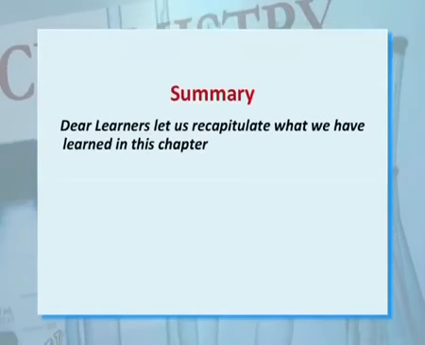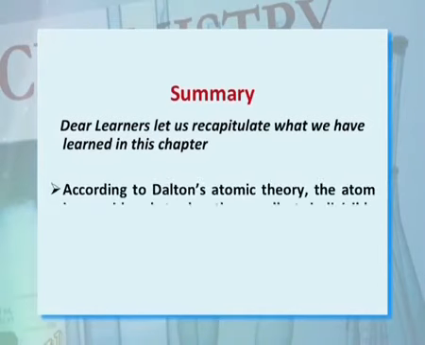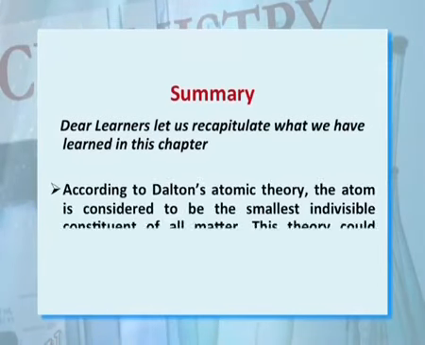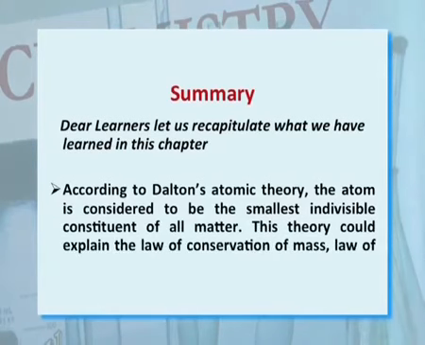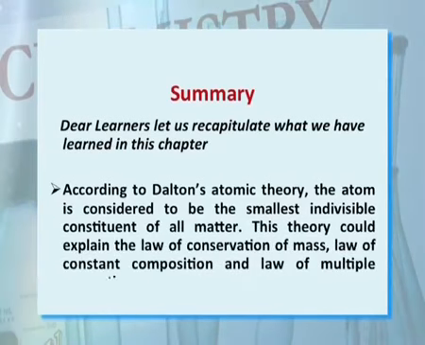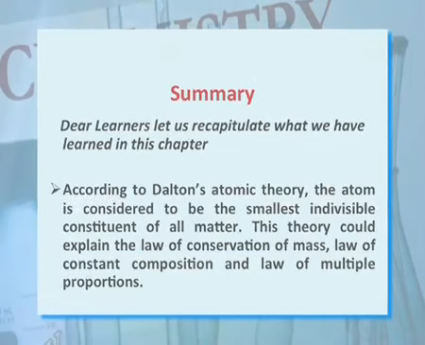Dear learners, let us recapitulate what we have learned in this chapter. According to Dalton's atomic theory, the atom is considered to be the smallest indivisible constituent of all matter. This theory could explain the law of conservation of mass, the law of constant proportion and the law of multiple proportion.